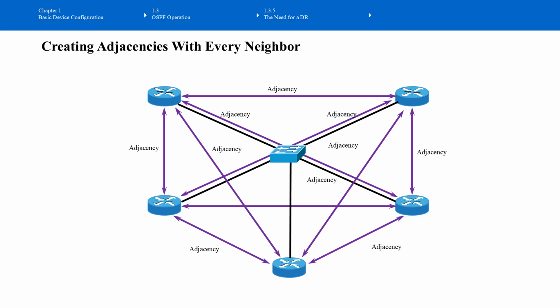That means R1 exchanges routing information with R2, R3, R4, and R5. R2 also exchanges with R3, R4, and R5. R3 exchanges with R4 and R5, and R4 exchanges with R5. Every router communicates with every other router.